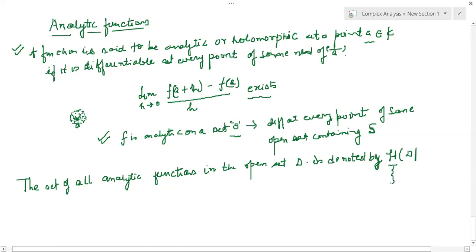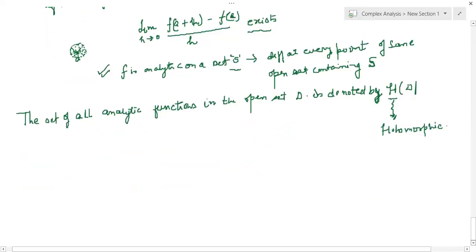Holomorphic is a synonym, another name for analyticity. So I've introduced this notation now.